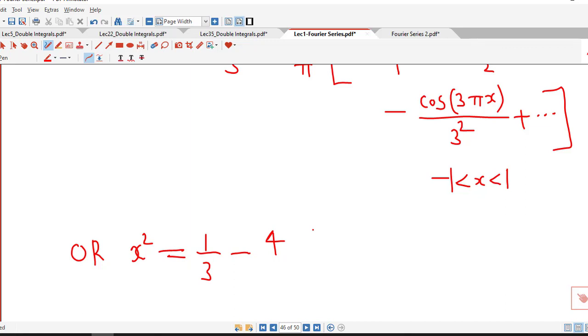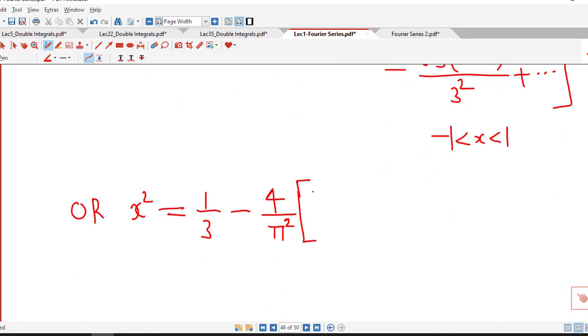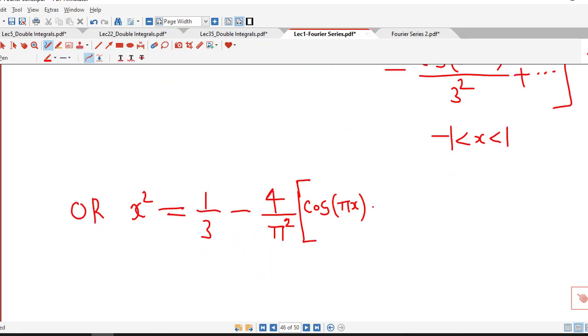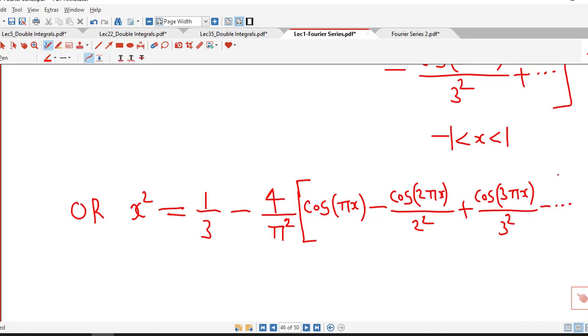If we take the negative sign outside, this will start from cos pi x by 1 square minus cos 2 pi x by 2 square, alternately positive negative, plus cos 3 pi x divided by 3 square and so on. x is in between minus 1 and 1.